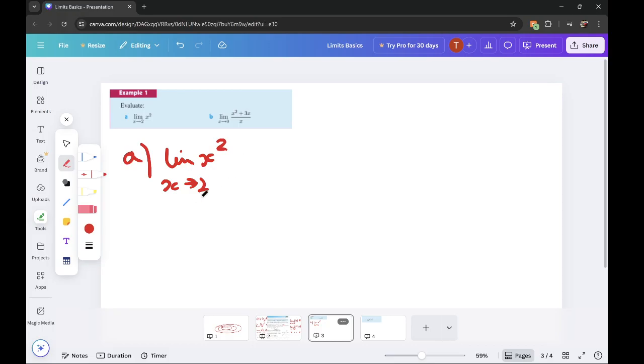There's no issue in plugging in x equals 2 in this case. You don't have a fraction over here, and they've given x approaches 2. So you can just put 2 instead of x. So 2 squared is equal to 4. Bam, that's your limit. If you can plug it in without there being any issues like 0 in the denominator or a negative value inside the square root, apply the limit. Please go ahead and apply the limit.